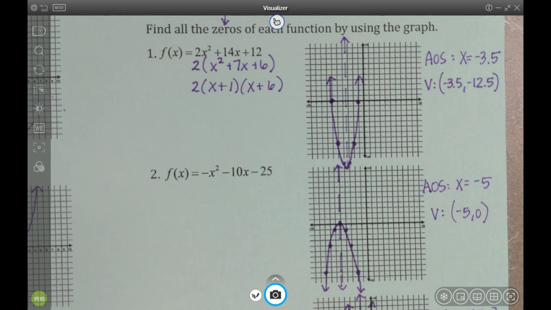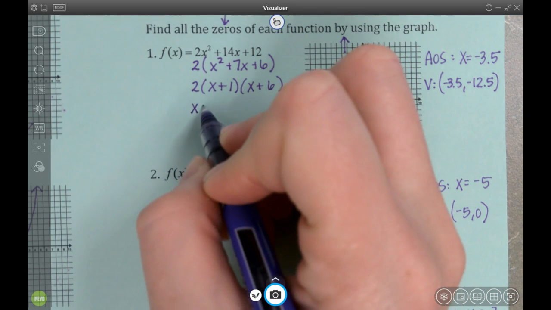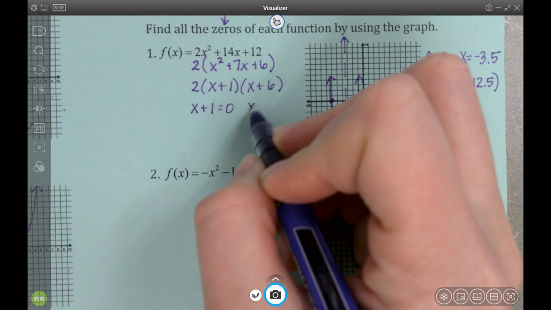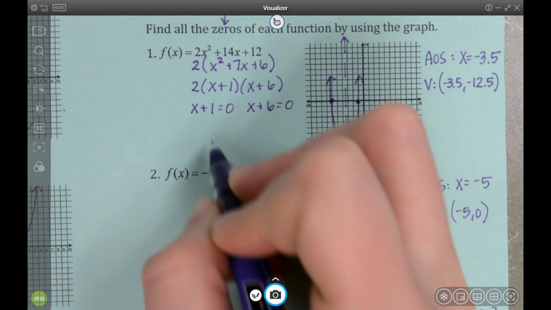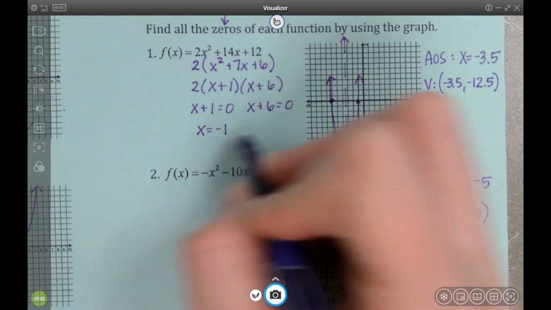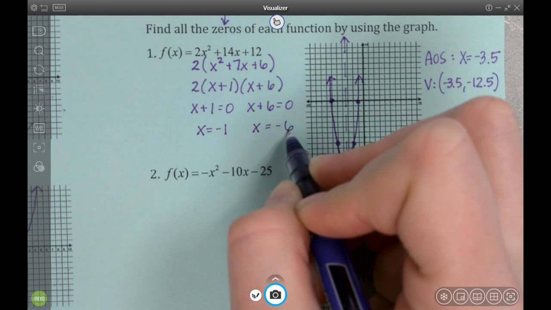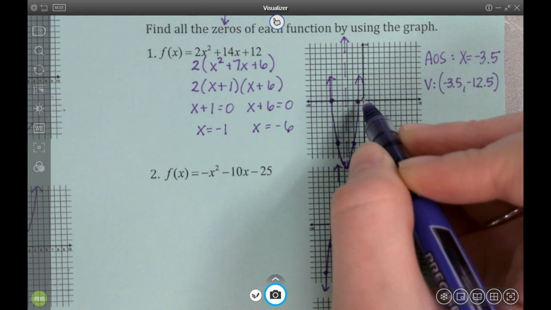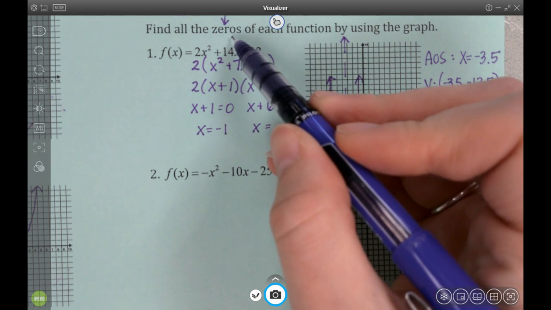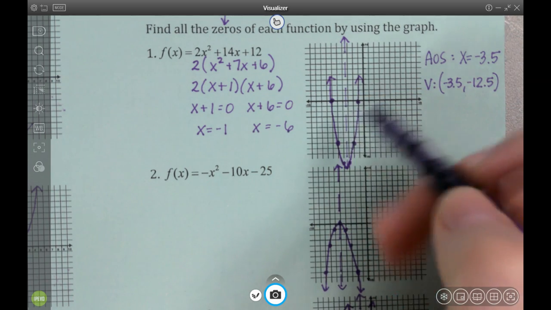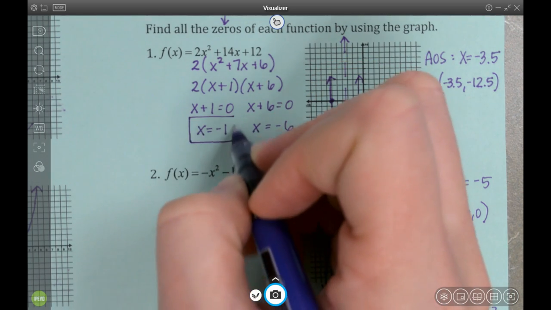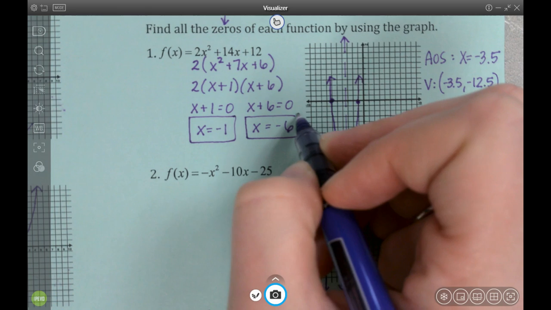And then you can set each factor equal to 0, which gives you your 2 x-intercepts. Which means you just found your zeros without graphing them. But you had to graph it because it said using the graph.